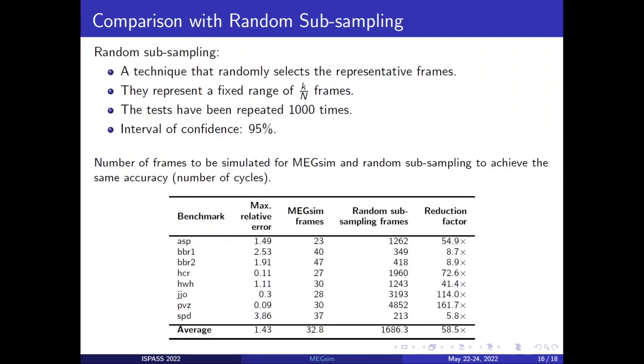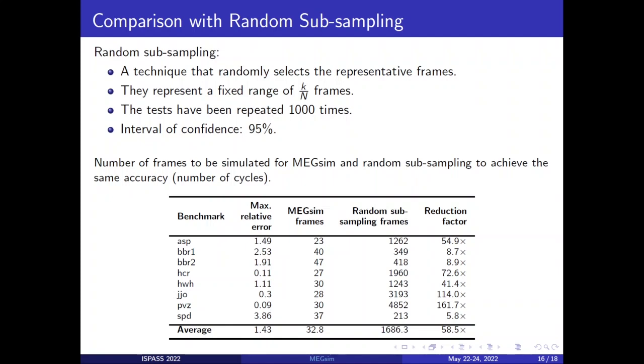Apart from that, and in order to provide a better understanding of how well MEGSim behaves, we also implemented a naive technique based on random subsampling. This technique randomly selects the representative frames that characterize the whole sequence. To properly evaluate the accuracy of this random methodology, the tests have been repeated 1,000 times. And in the case of MEGSim, we repeated the tests 100 times, changing the initialization values of k-means to obtain different results.